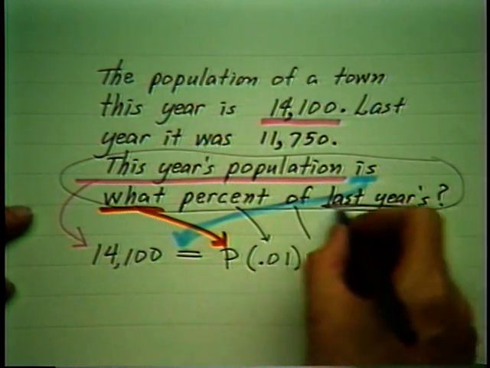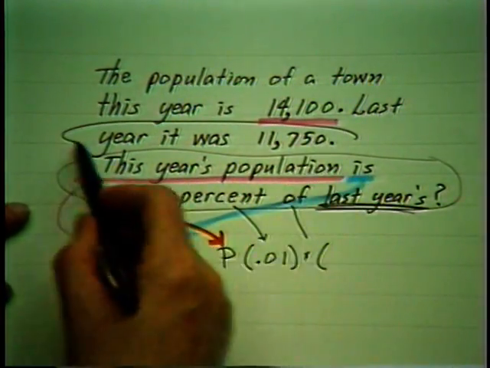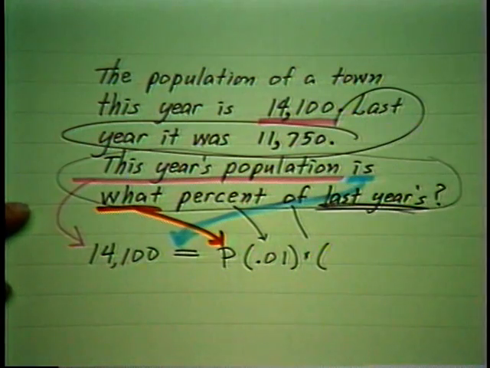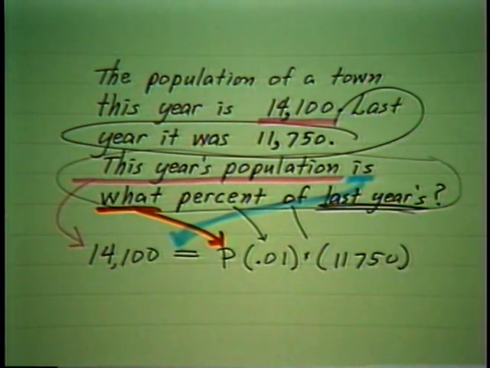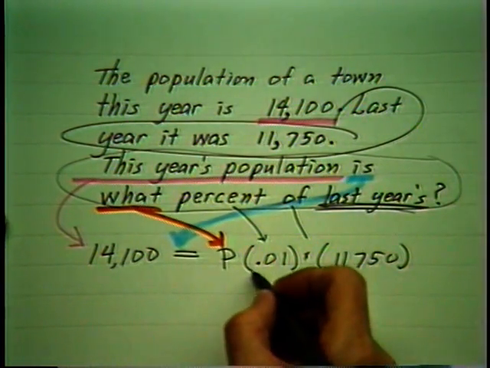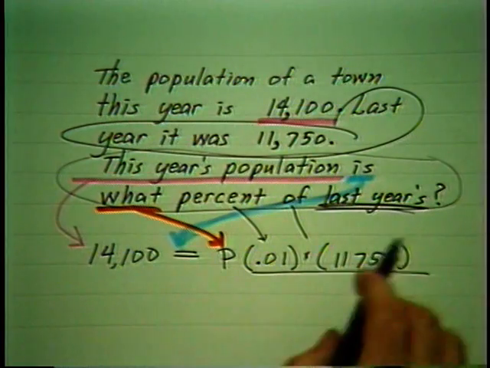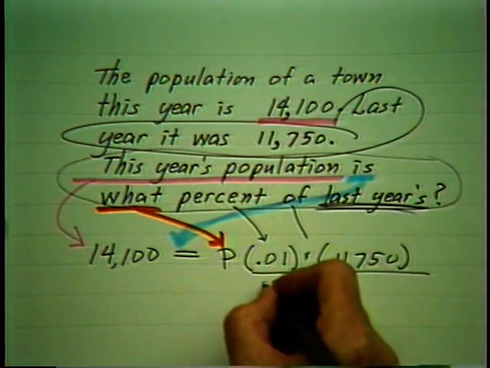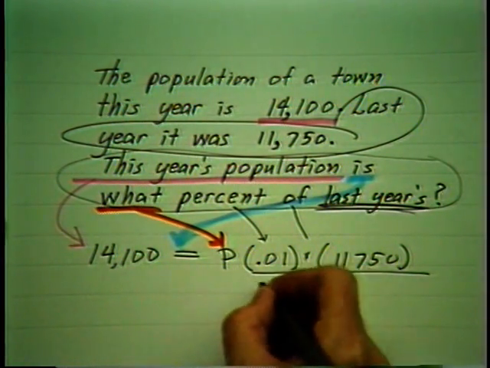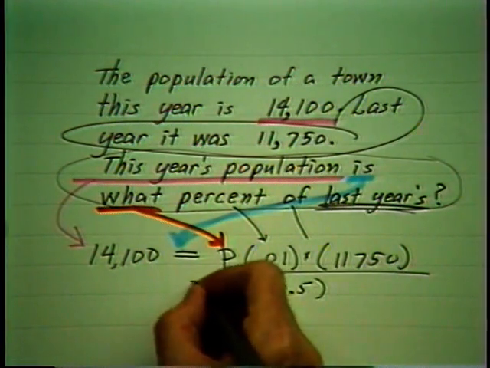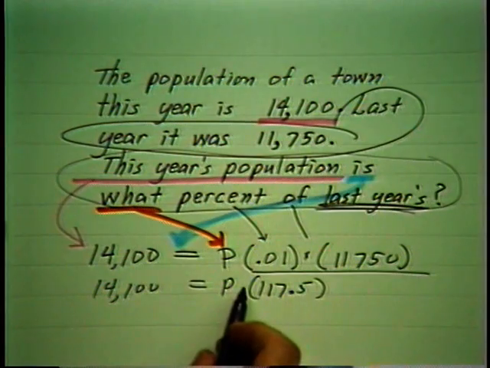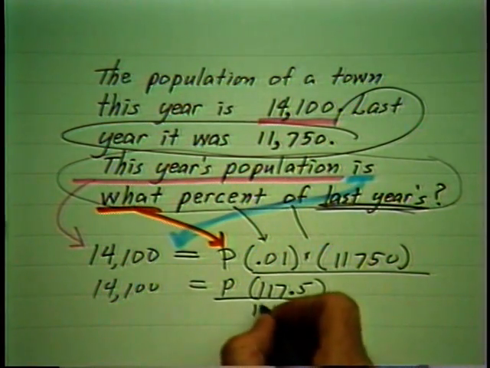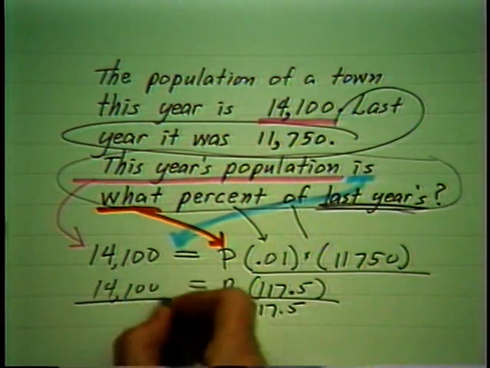And last year's population, they told me that it was 11,750. Now that we have a simple sentence, we can solve it. In this case, doing this portion first, we get 117.5 times P. Again, we recognize that the unknown is being multiplied, and to undo multiplication, we divide.